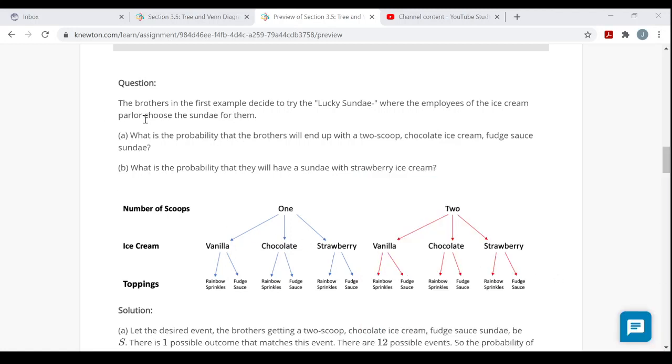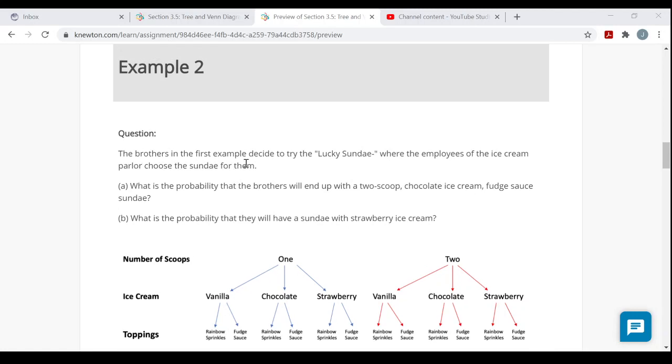Now the question is, the brothers in the first example decide to try the lucky sundae, where the employees of the ice cream parlor choose the sundae for them. What is the probability that the brothers will end up with a 2-scoop chocolate ice cream fudge sauce sundae?